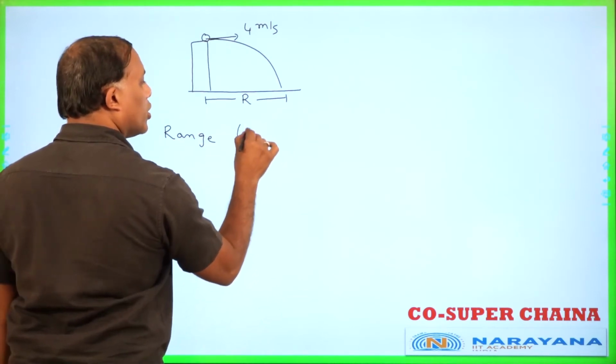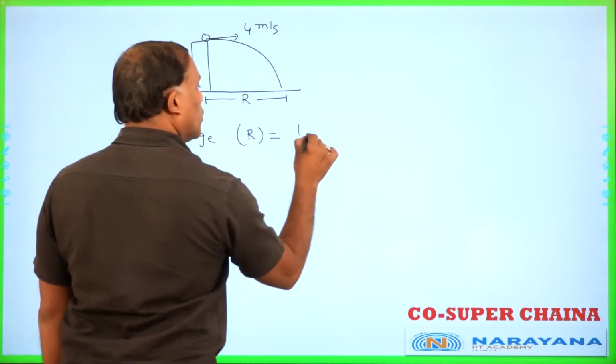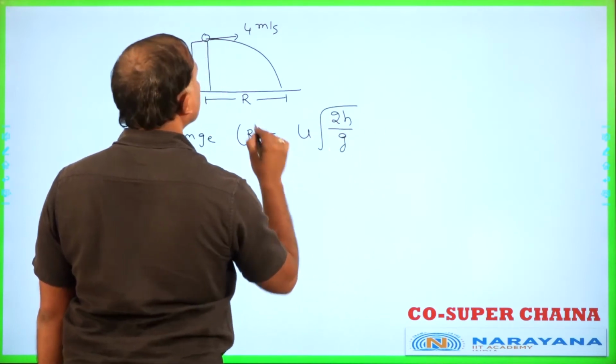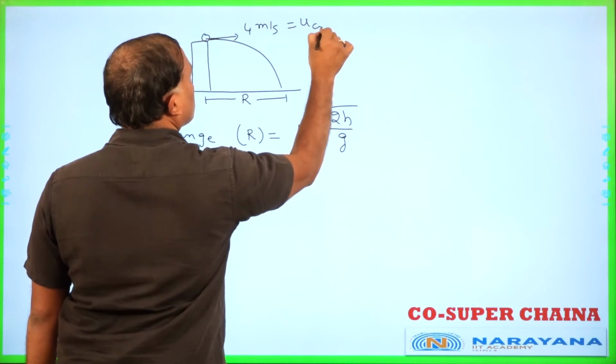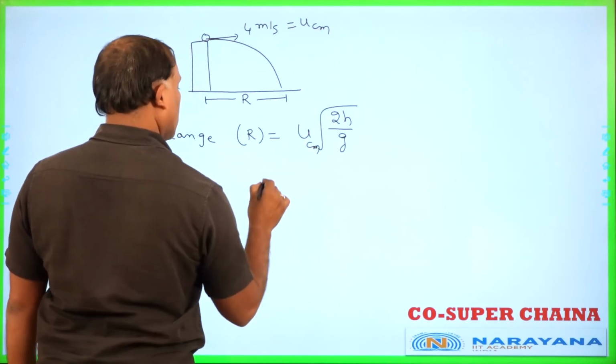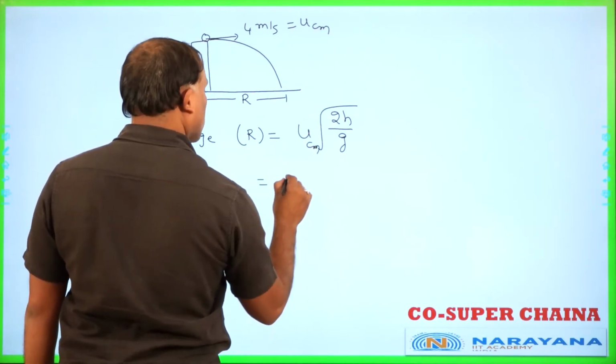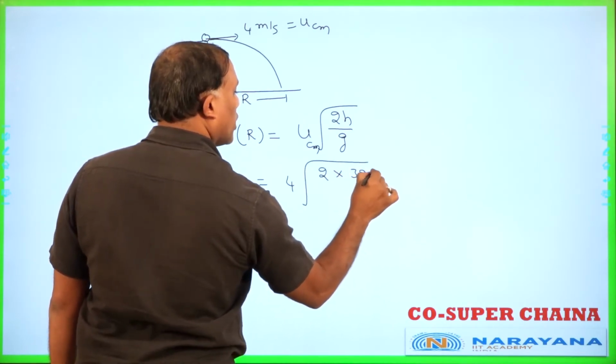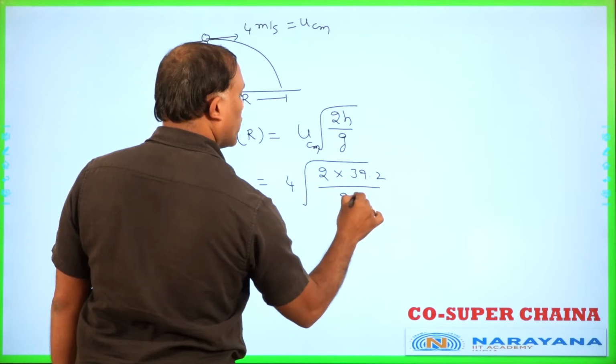Range is equal to, as it is a horizontal projectile, u root of 2h by g. This is u, UCM, how much? 4, root of 2 into 39.2 by 9.8.